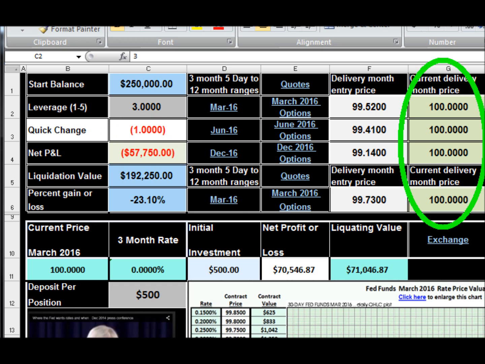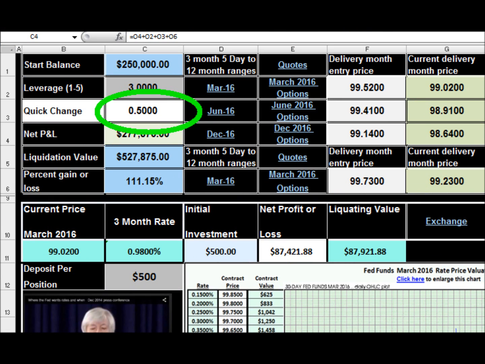This will force all the contract prices for all markets and deliveries up to a price of 100, representing a rate of 0. My net loss at 0 would be $57,750, dropping the initial investment value of $250,000 down to $192,250, or a negative 23.10%.